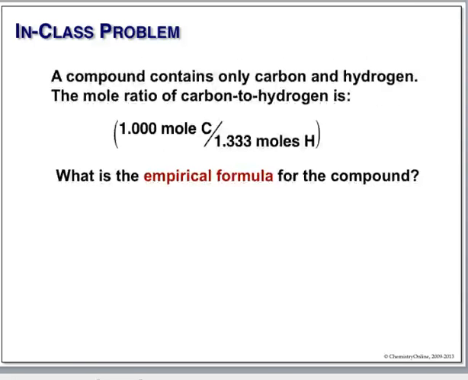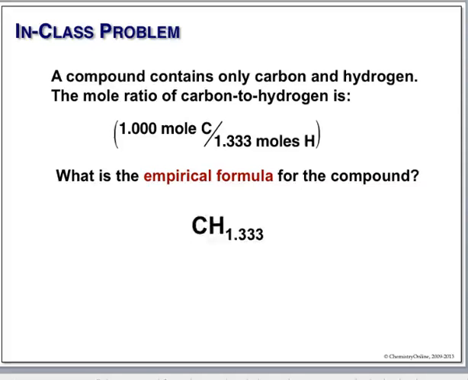If I tell you my mole ratio for carbon to hydrogen in a compound is 1 carbon, 1.33 moles of hydrogen, what is my true empirical formula? Remember, it must be whole numbers. Well, what we have to do here is to simply take CH 1.33 and fiddle with that until we get whole numbers.